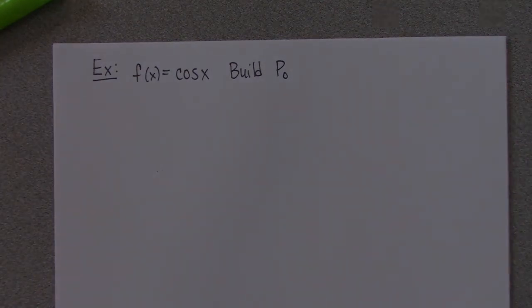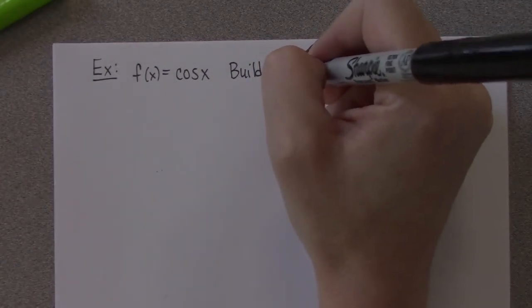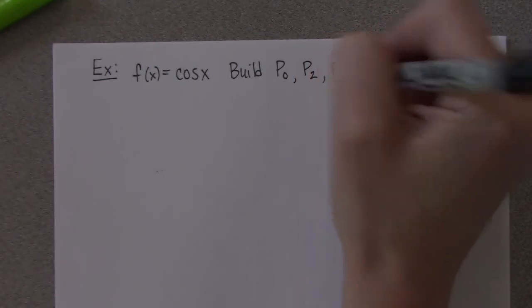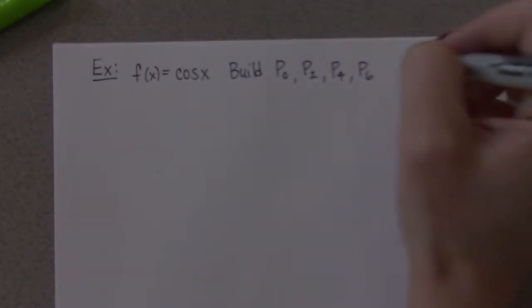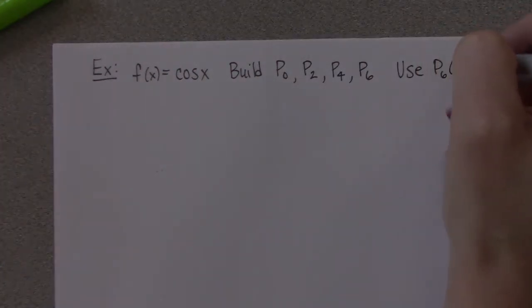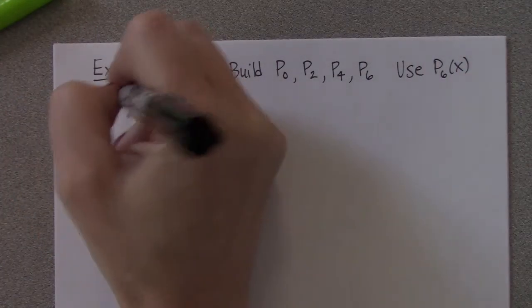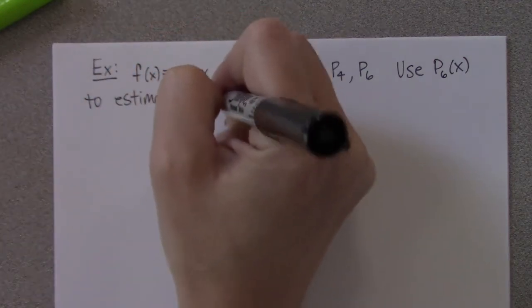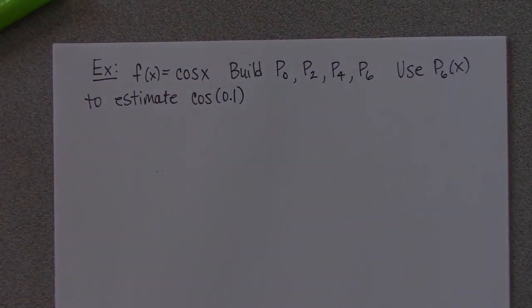So I mentioned before, you're going to see all the odd terms are going to disappear. So we can't build 0, 1, 2, 3, 4. So we're going to build the 0th, the 2nd, the 4th, and the 6th. And then we're going to use P6 to estimate cosine of 0.1.